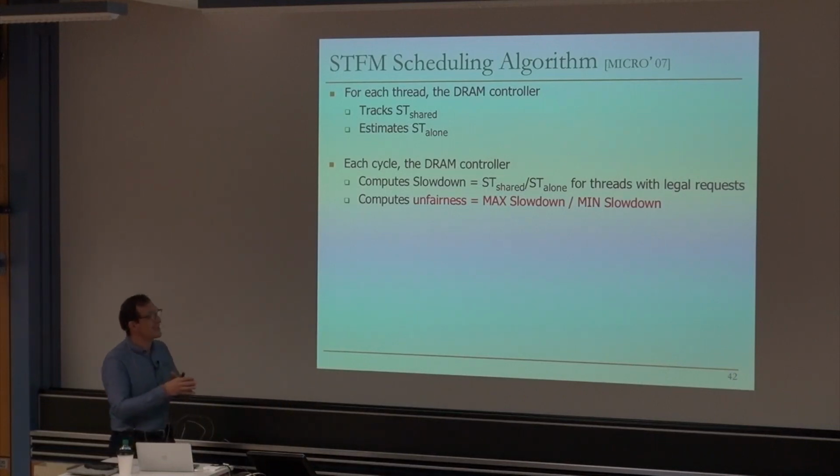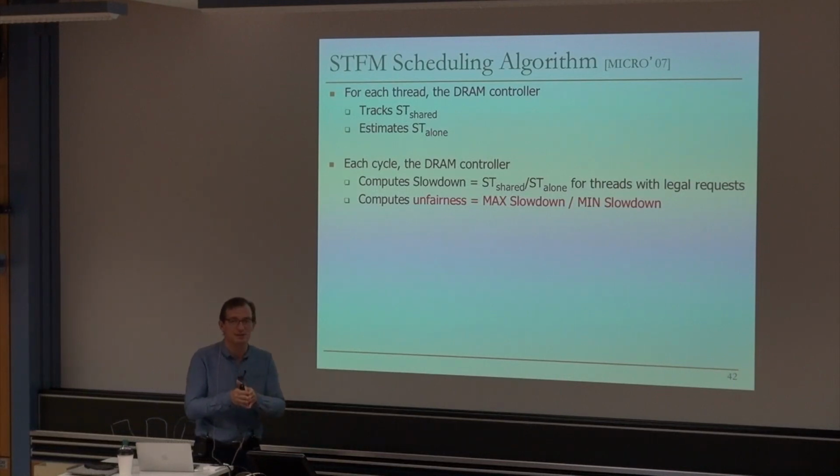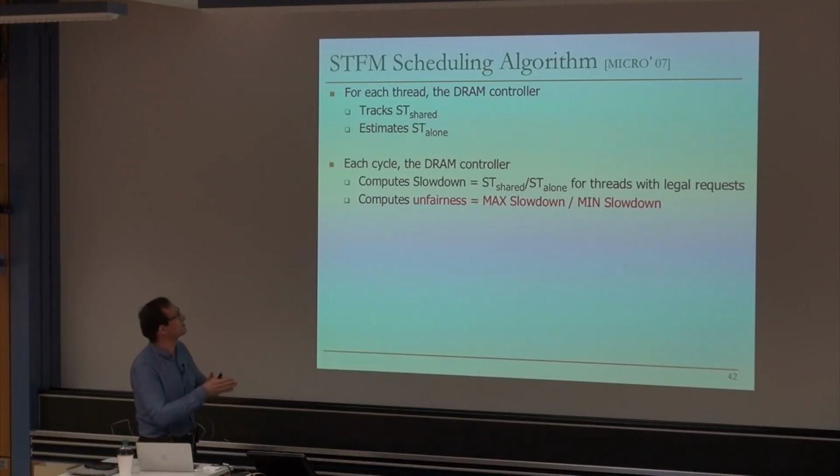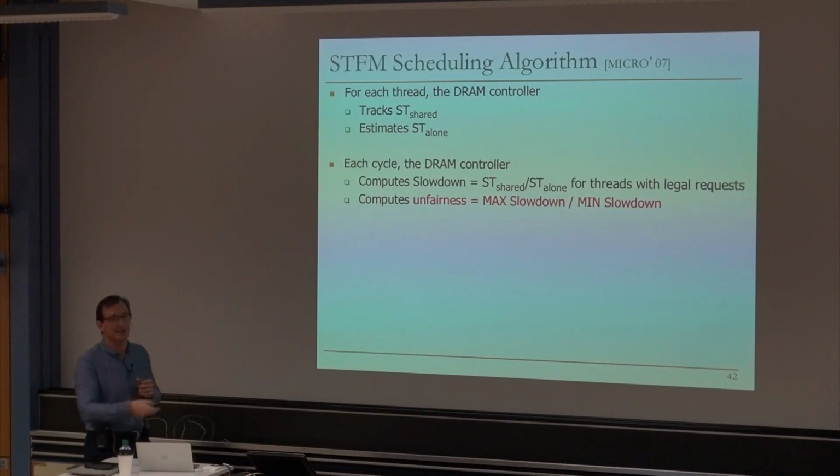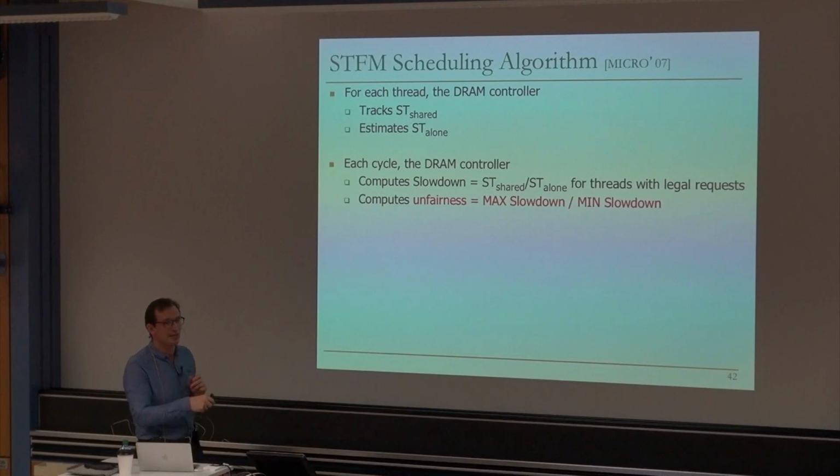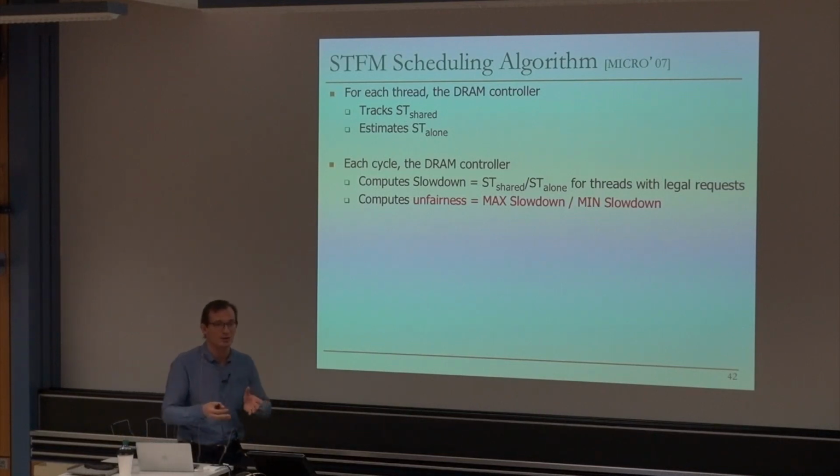So if we can somehow guess how much time is the excess stall time, extra stall time that's caused because of interference, we can subtract that value from stall time shared and get stall time alone. Basically, stall time alone is equal to stall time shared minus some stall time excess, right? Extra stall time.